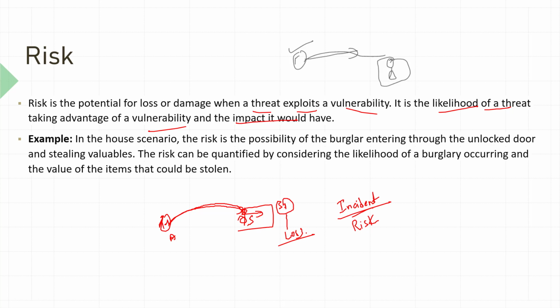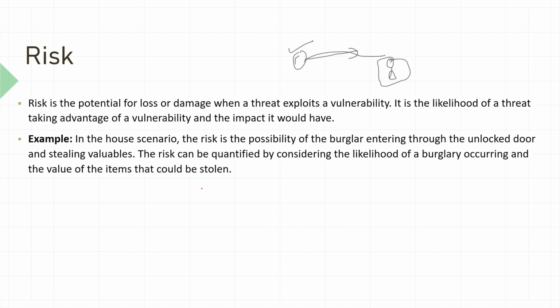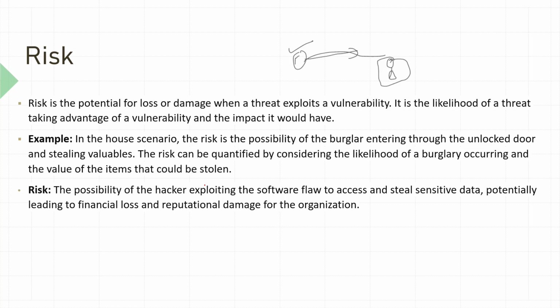The loss I face from the attack, the loss I see as a company, is a risk which I don't want to lose. Understood? Risk is the possibility of the hacker exploiting a software flaw to access and steal sensitive data, potentially leading to financial loss and reputational damage.